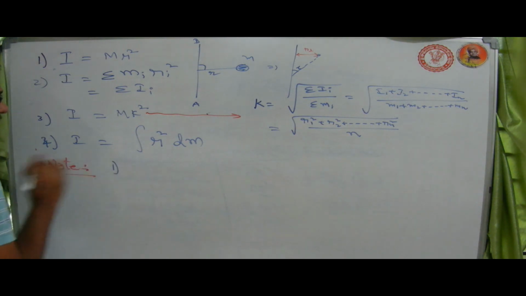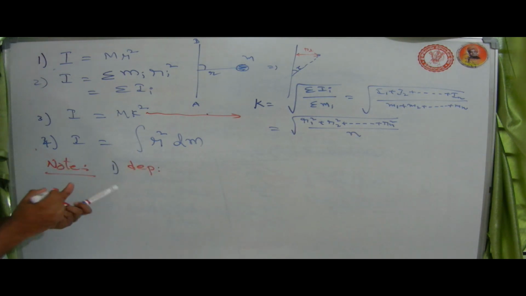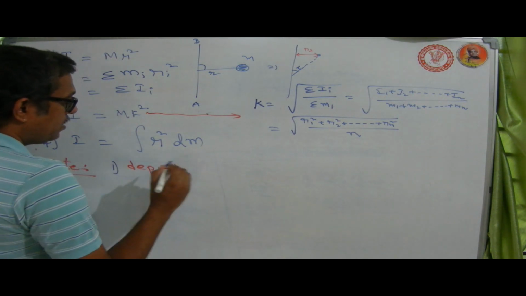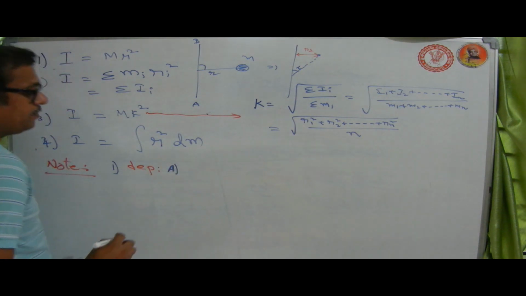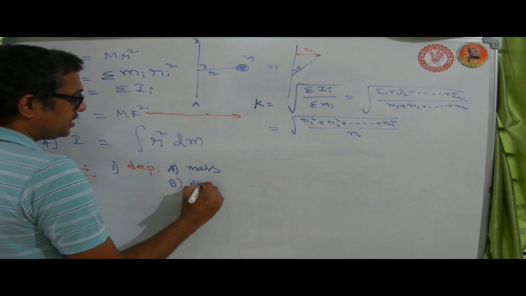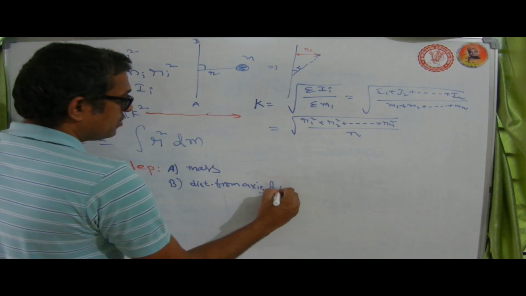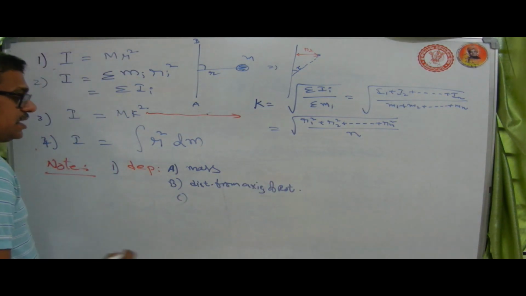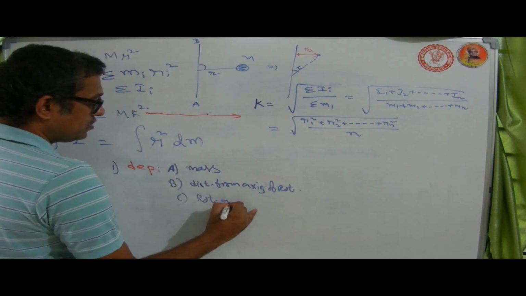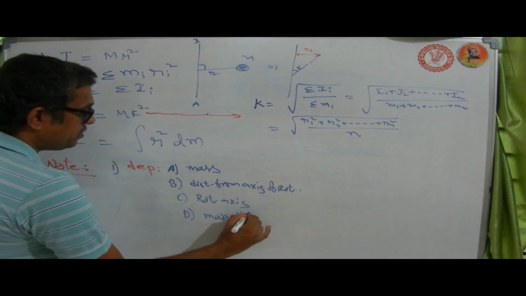Very interesting. Number one: this moment of inertia of the system depends on what factors? Moment of inertia depends on point A, mass; point B, distance from axis of rotation; point C, rotation axis; point D, mass distribution.